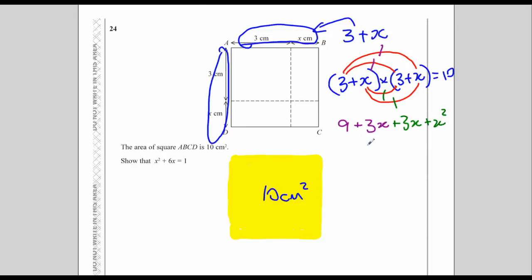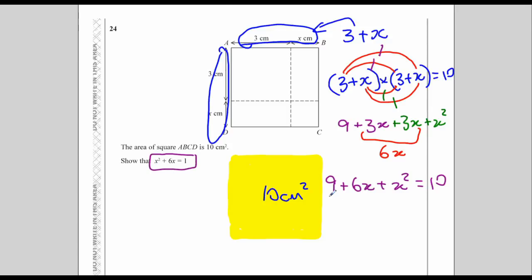Now we can combine our x's together. 3x add 3x gives you 6x. So that means we've got 9 add 6x add x squared gives you 10. And we're getting close to what they want us to find out.